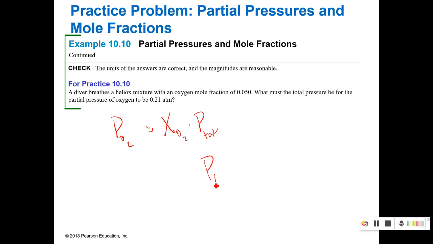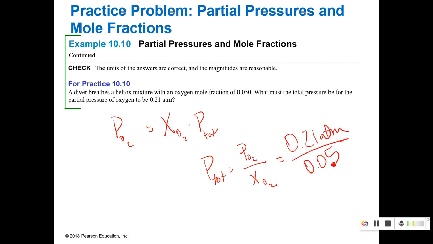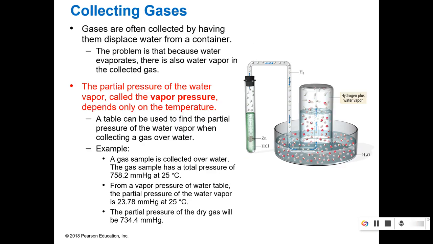So P total is equal to partial of oxygen over that mole fraction. All right, so I've got 0.21 atmospheres over 0.05. And I get P total, it's 4.2 atmospheres. So it's just a matter of manipulating the equation with algebra. It's not too bad.